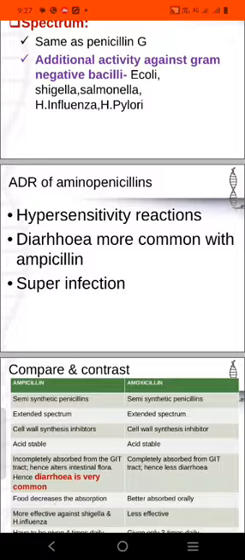It will adhere to the intestinal wall and increase the peristaltic movement, so it causes diarrhea. Another adverse reaction is superinfection. Superinfection means it destroys both gram-positive and gram-negative organisms, which favors the growth of fungal infections. So it produces superinfection. Understand?